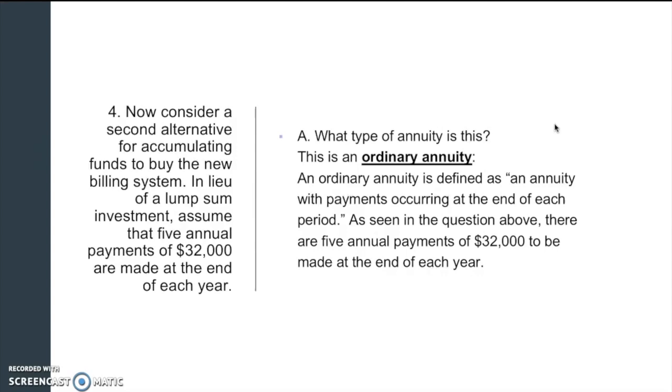The annuity they are describing is an ordinary annuity. An ordinary annuity is defined as an annuity with payments occurring at the end of each period. And as seen in our question above, we are making payments at the end of each year. So these are equal intervals, and because it's at the end of each year, it's an ordinary annuity.